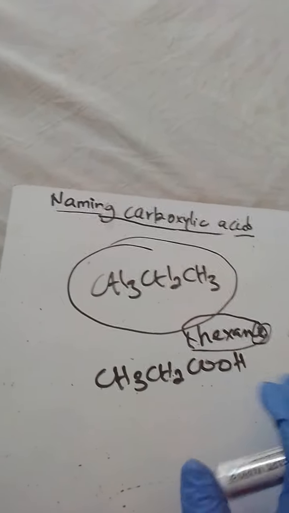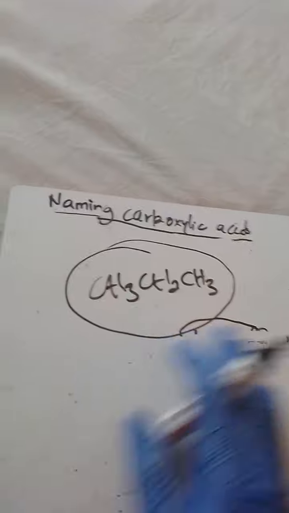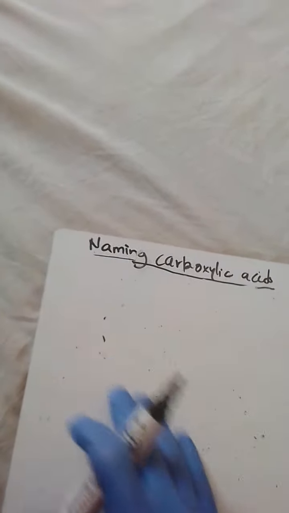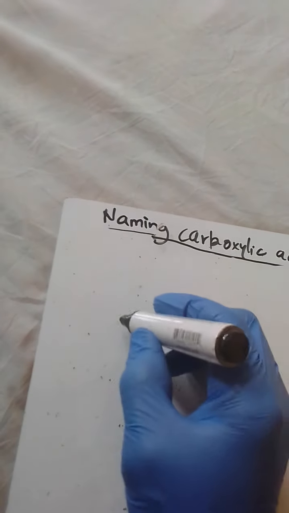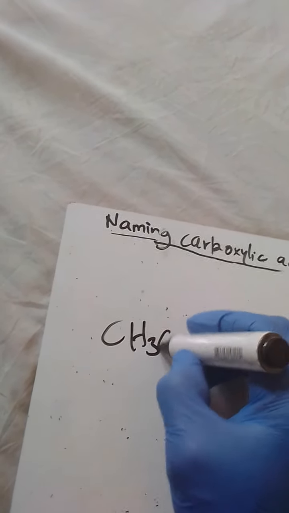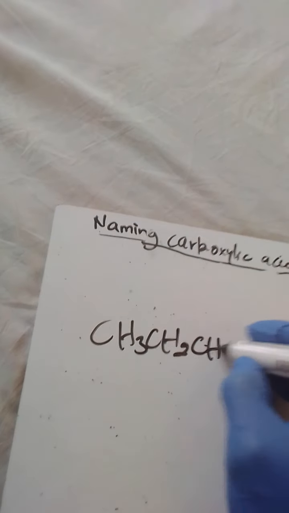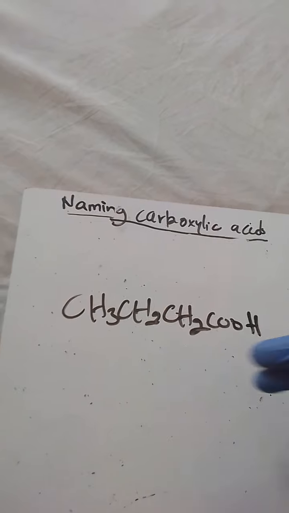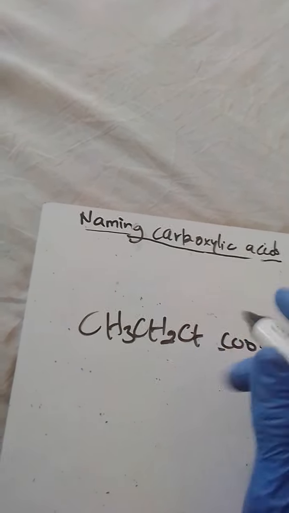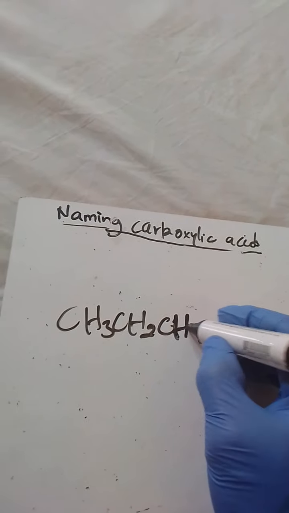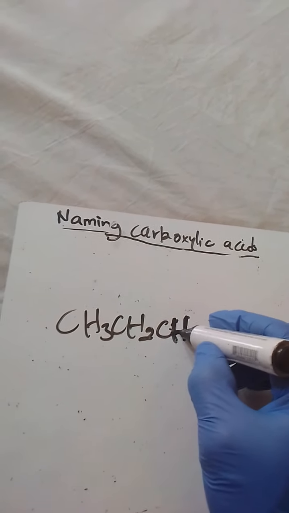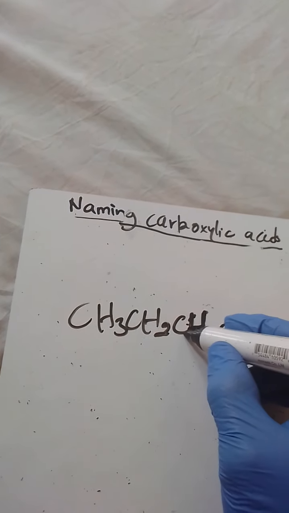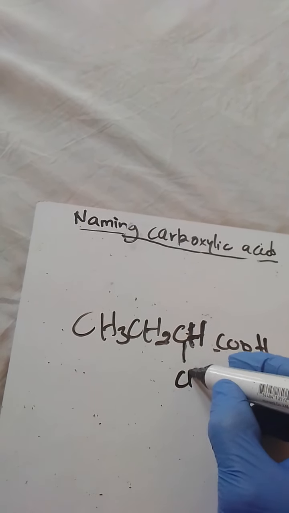We have situations whereby different groups occur on the parent chain. For example, when you have this group, and let's say one of these hydrogens is replaced by another group, which we call, let's say, chlorine.